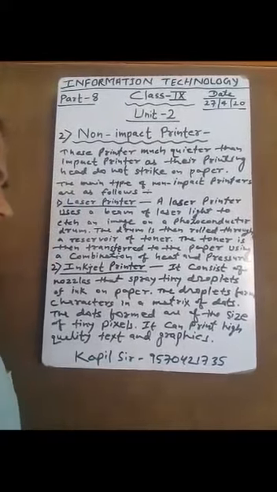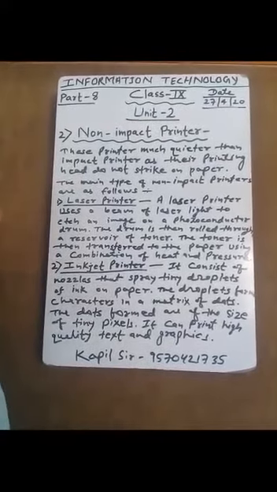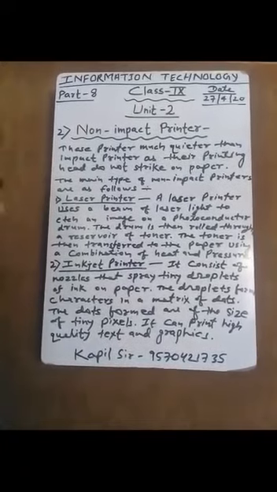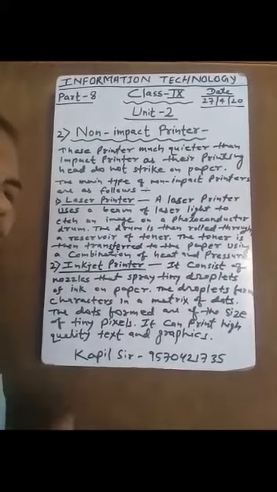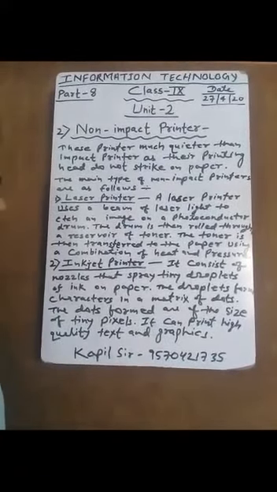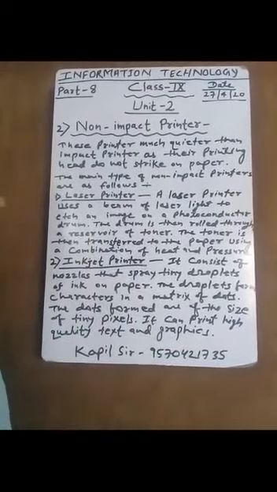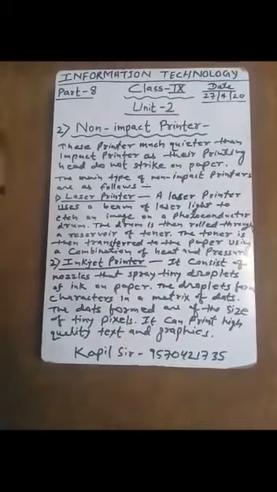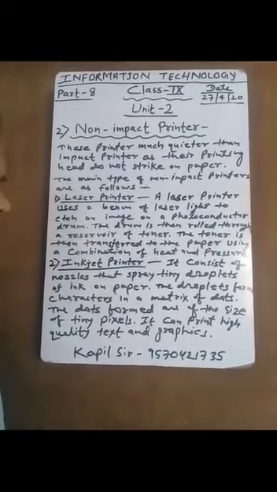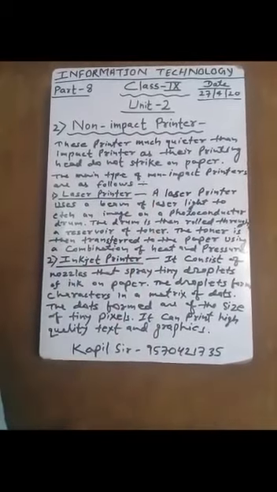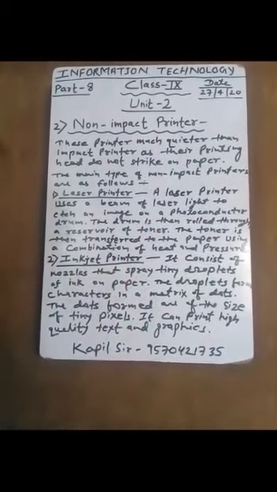The quality of this type of printer is very good, and text is printed very well. This is the inkjet printer. This is the definition of laser printer and inkjet printer.